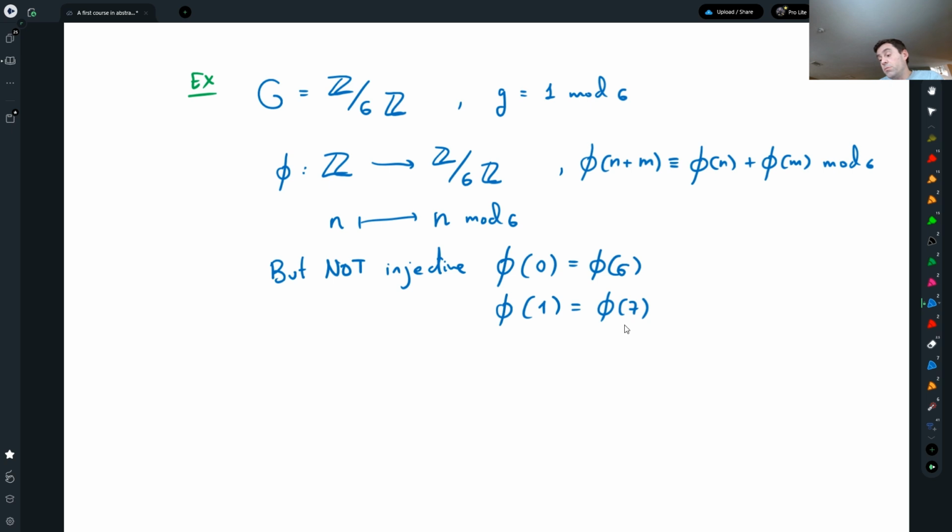Still, it tells me something, like the fact that Z modulo 6 is cyclic, because there is a generator that cycles over all of them. This map is surjective, but it is not injective. Still, as I said, this tells me something about the group Z modulo 6 and the group Z.